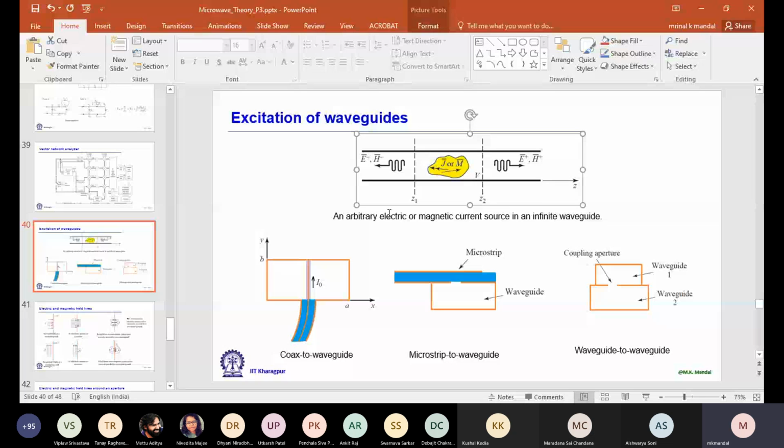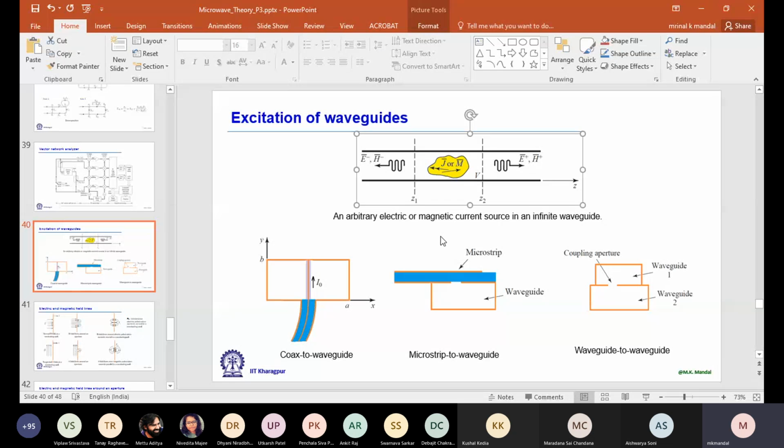It can be electric current or magnetic current, represented by J and M. Now you have to understand what this J is. J may have a conduction current component JC and also the displacement current component, J equals JC plus del D del T. So that is the displacement current component.